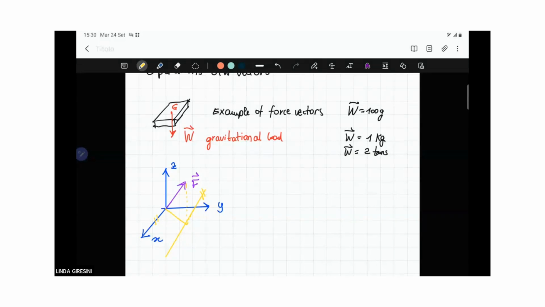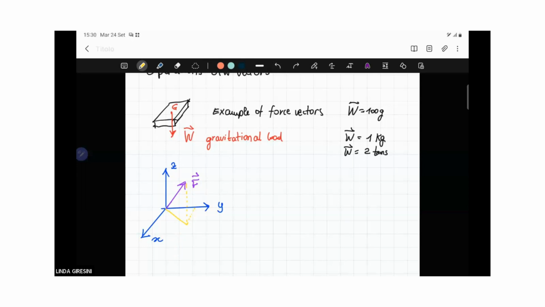So you have basically this force vector, which has its projection into the XY plane, which is this first element here. Then you have to draw this line. I will draw it again to show you, okay?